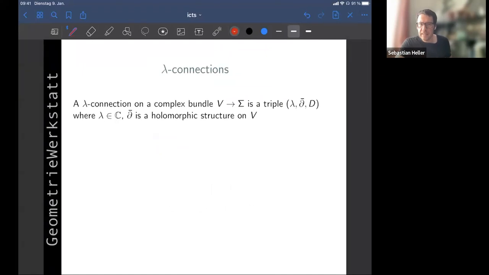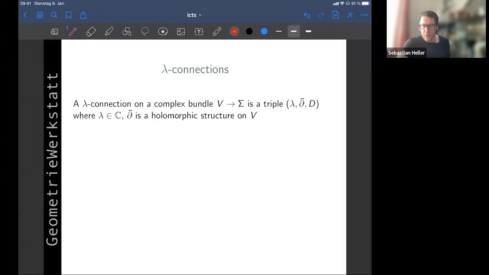And this was introduced by Deligne and worked out by Simpson, and uses the notion of lambda-connections. So a lambda connection is somehow a generalization of an ordinary flat connection in the following way.